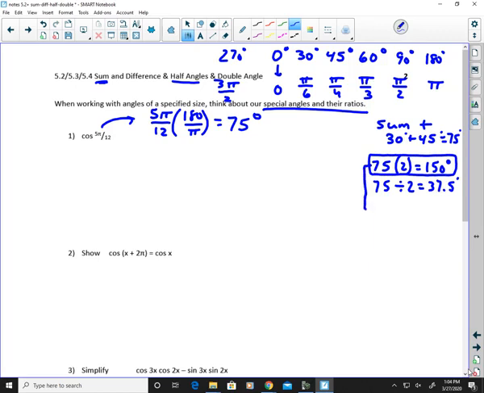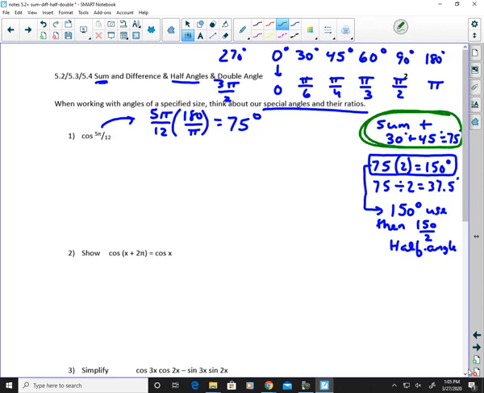I know this looks like it would be the double angle, but if you think about it, if I used the angle of 150, then I could find the 150 over 2. So I could have done this with a half angle formula as well, but definitely the sum formula, which is what I wanted to use for this page, the sum formula is going to be the easiest version to use for 75.